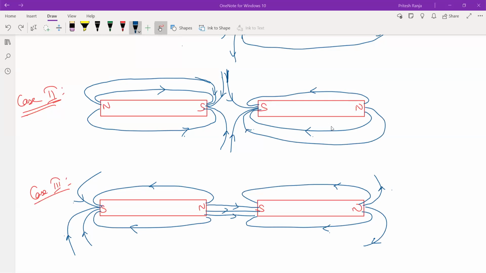This is a magnetic field line, not an electric field line. So everyone should draw this.